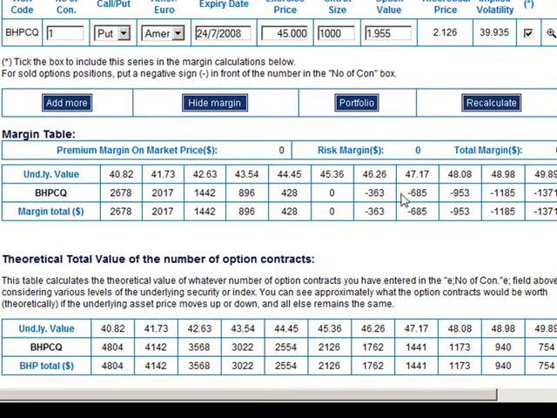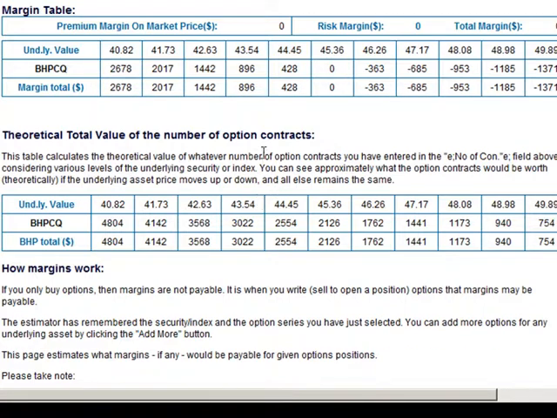This is saying that margin is being given back to you or taken away from the ACH. If the price falls, this is the money you're going to have to come up with. But this will work it out exactly. Well, no, it's not exact. Just remember that it's not going to be exact, and it can't be exact because your broker might have a different deal. They might take their little bit as well. So it's more of a guide than anything.